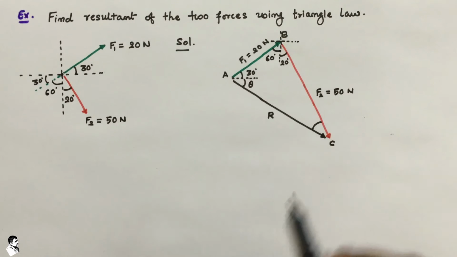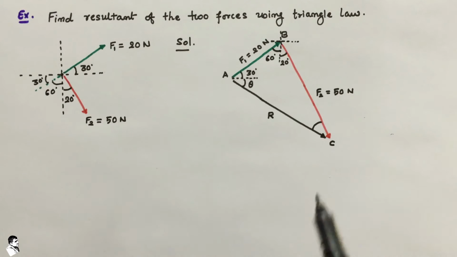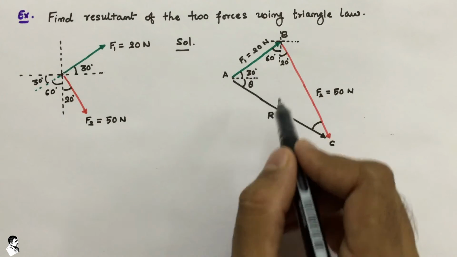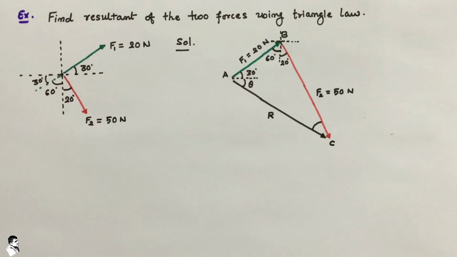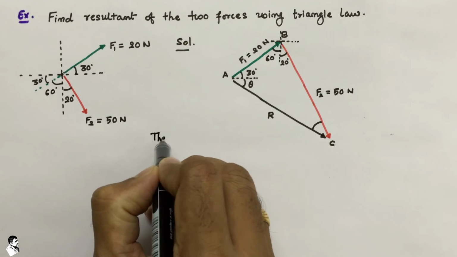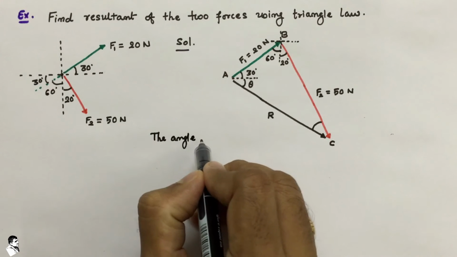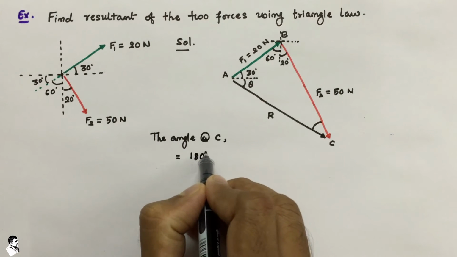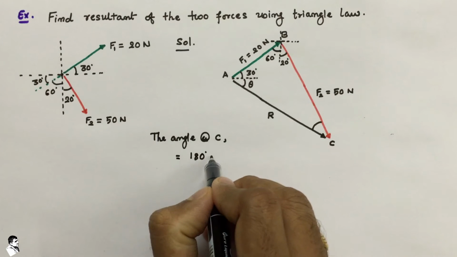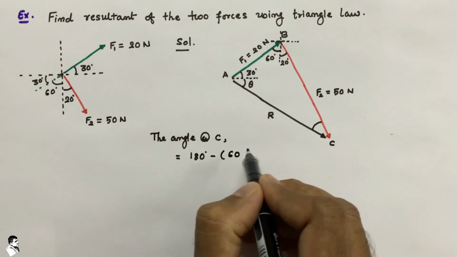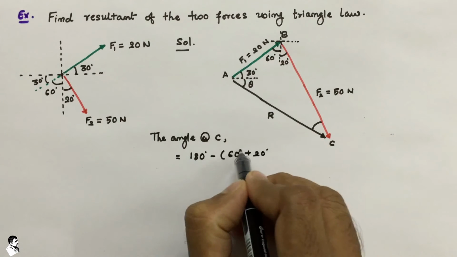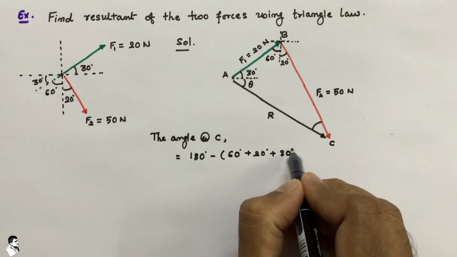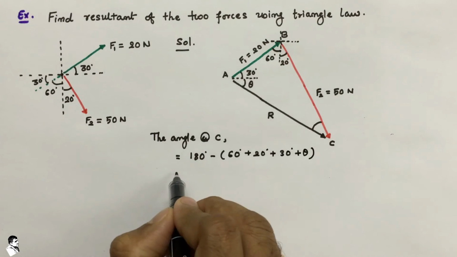Now this angle is required to be found. The angle at C will be nothing but, since the total summation of the angles of a triangle is 180, as we know very well, if we want to write that down, the angle at point C would be 180, the total summation of all the angles, so 180 degree minus 60 plus 20 plus 30 plus theta.